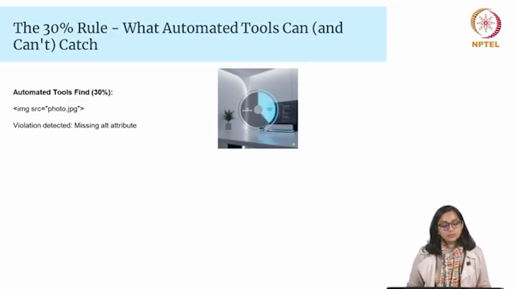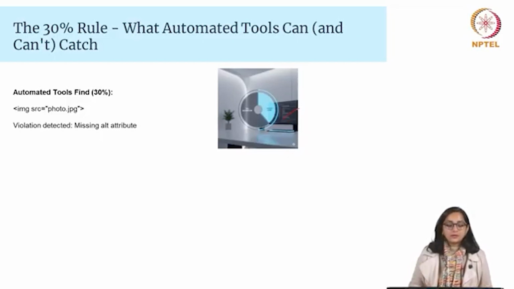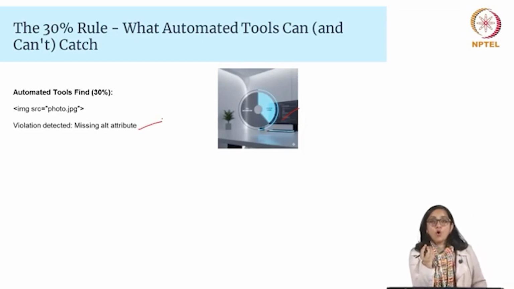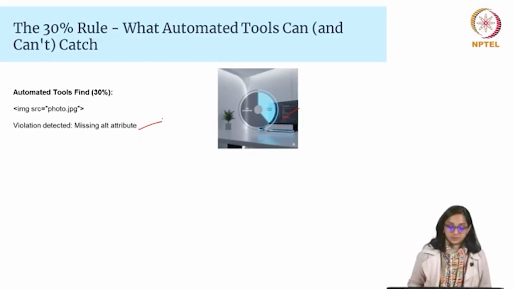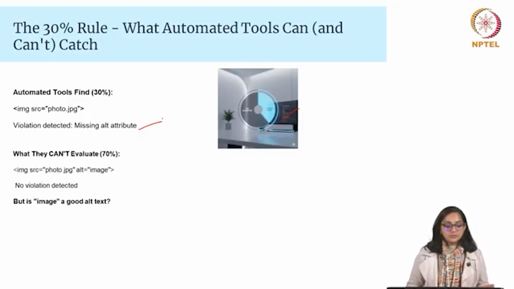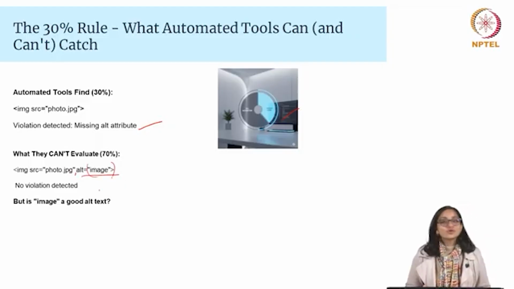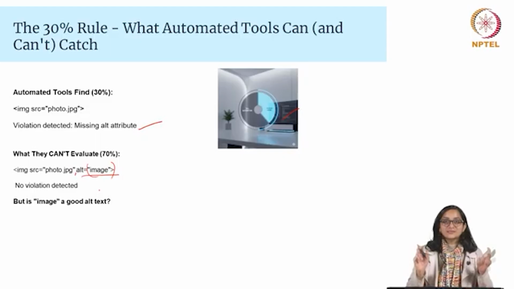So automated tools, say for example, it detects an image, right? It may be able to detect a technical violation, that there is an alt attribute missing. What it cannot evaluate is that even if there is an alt text which says "image", there is no semantic meaning of what is inside that quote.